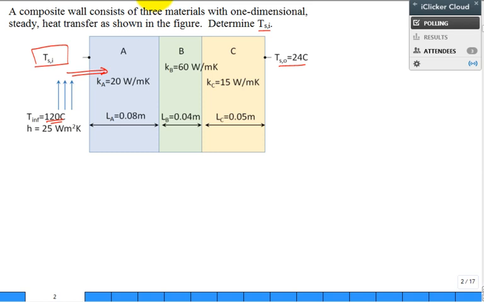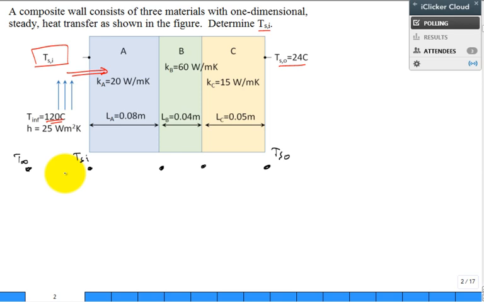Well, there's a number of ways to set this up and solve it, but let's do it with resistors. So we would put a node for each clearly identified temperature. So here is TSO. That we know the value of, it's 24 degrees C. Here is T infinity, we know the value of that one, 120 C. We're looking for TSI, that surface temperature, and that's really a node.